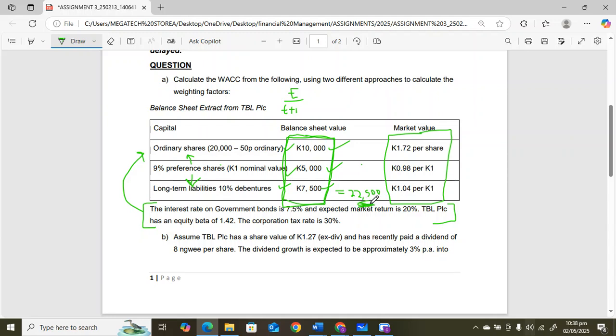Are we okay with that part, madam? Madam Tandu, are we okay with that part?